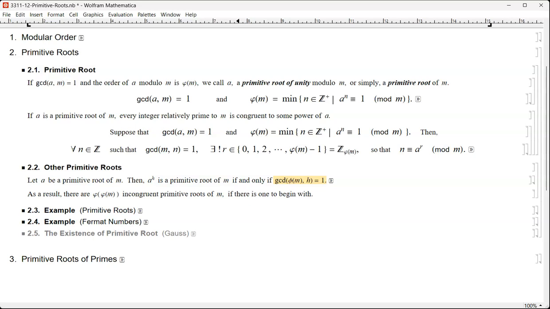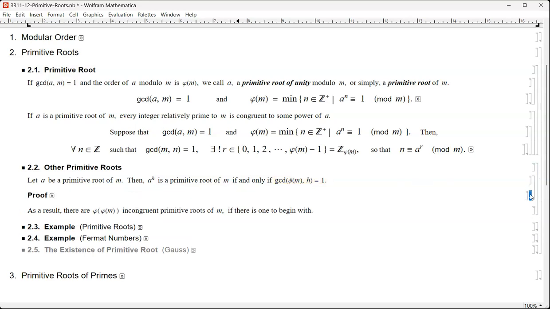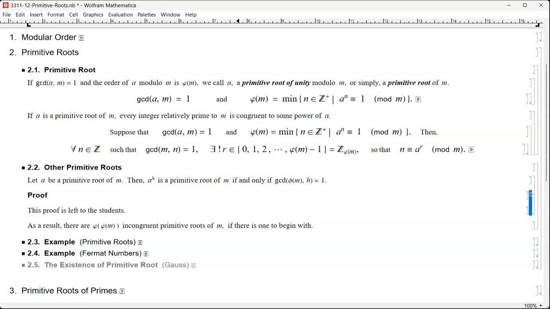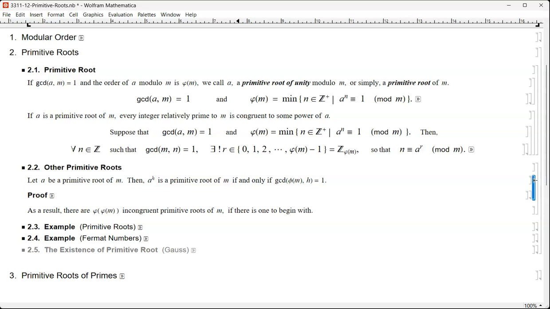Well, how do you get that? Well, we went through a certain property associated to GCD in section 1, and that's going to help. As for the proof, I left it as an exercise for you. It's not too difficult, but it's a nice exercise as a matter of fact.